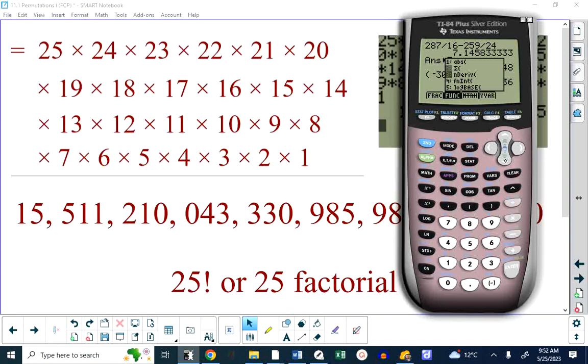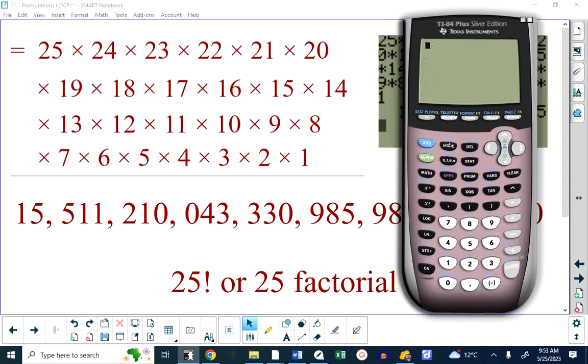Different formats. If you don't want to use the alpha key, you go to math. You scroll over to probability. And there it is. I think it might be because I'm not in the math print mode.